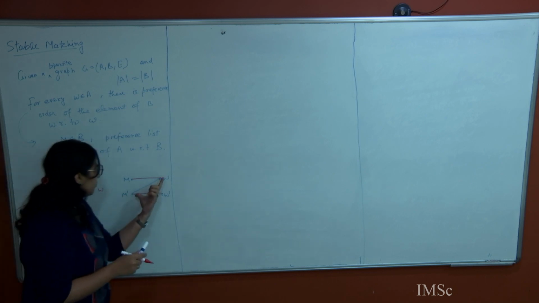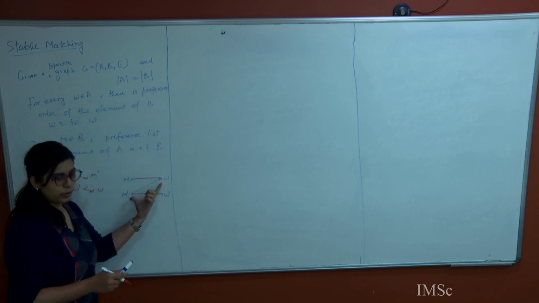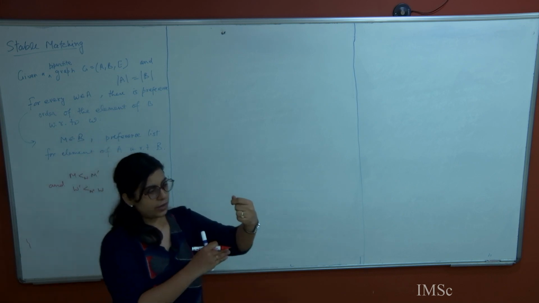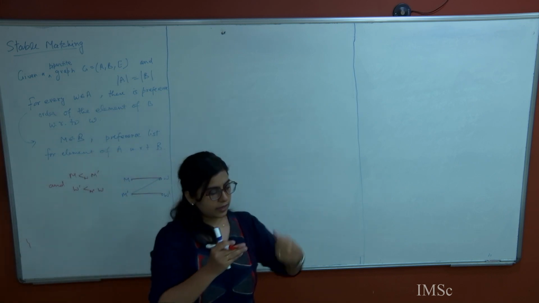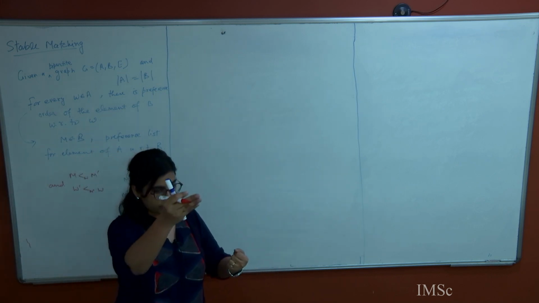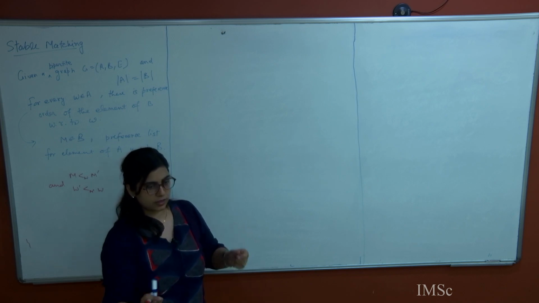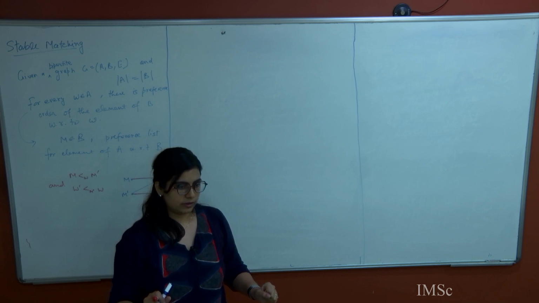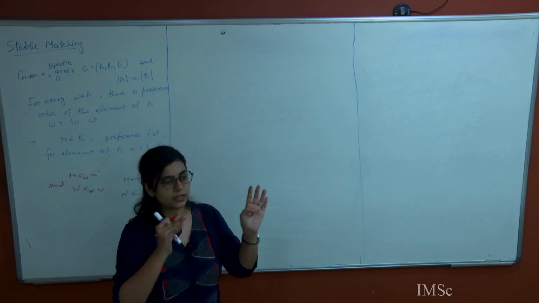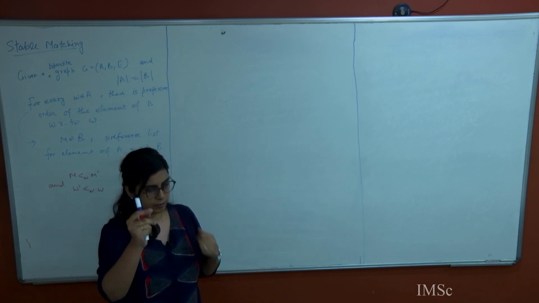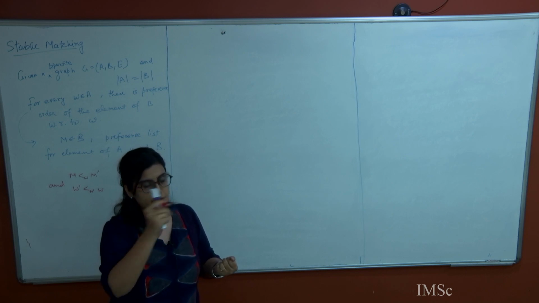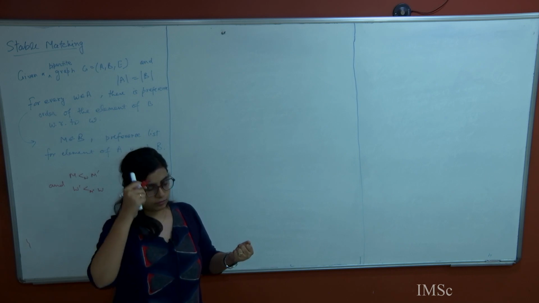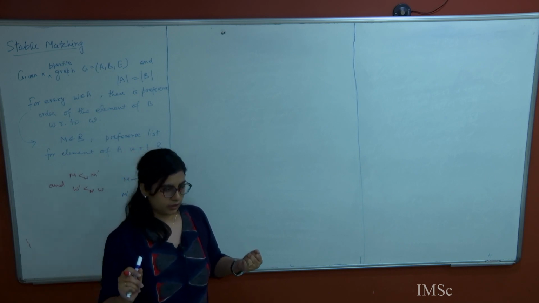So, if you have such a pair W and M prime, such that W prefers M prime more than its partner and M prime also prefers W more than its matched partner, then we will say that this matching is not stable. So, a stable matching is when there does not exist any such pair of M and W such that M prefers W more than its matched partner and W prefers M more than its matched partner.